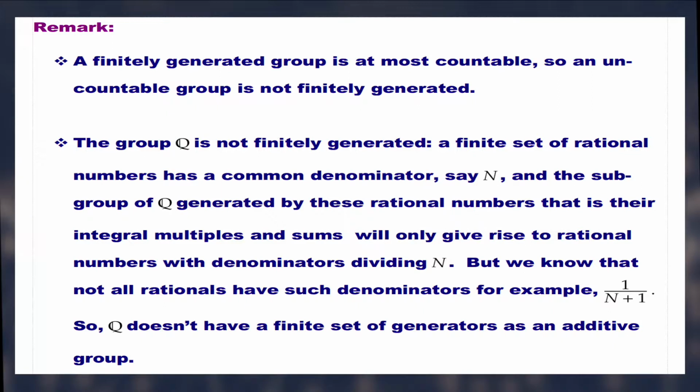A finite set of rational numbers has a common denominator, say n, and the subgroup of Q generated by these rational numbers, that is their integral multiples and sums, will only give rise to rational numbers with denominators dividing n. But we know that not all rationals have such denominators, for example, 1 by n plus 1. So, Q does not have a finite set of generators as an additive group.